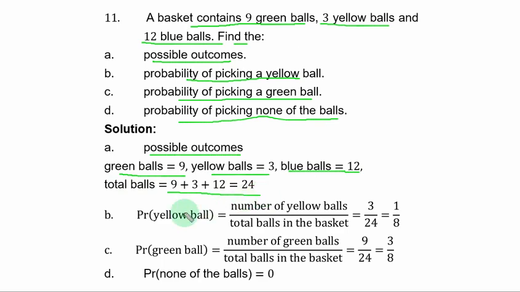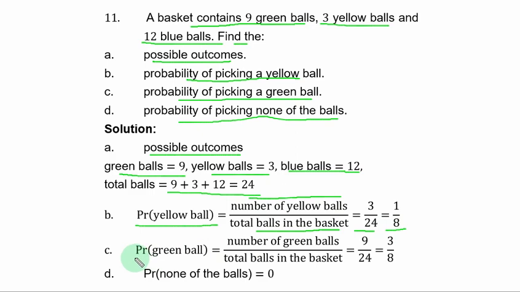B part of the question, the probability of picking a yellow ball, that is the number of yellow balls over total balls in the basket, that is 3 over 24, which reduces to 1 over 8.